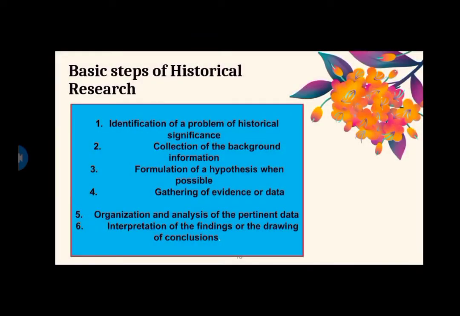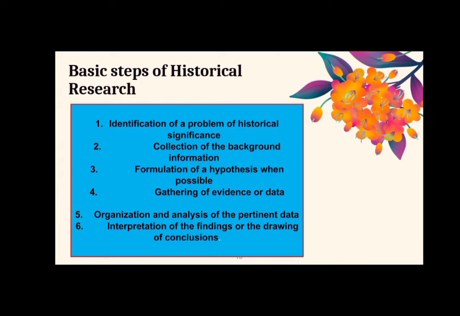Different historians may espouse somewhat different procedures of historical research. In other words, historical research tends to involve the following steps. First, identification of a problem of historical significance. Second, collection of background information, for example, a literature review of the secondary sources. Third, formulation of a hypothesis when possible.